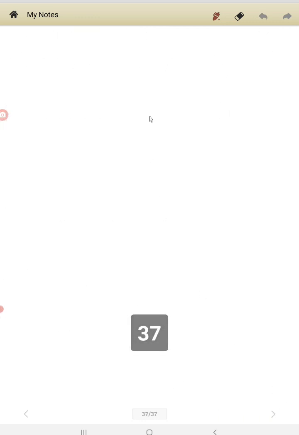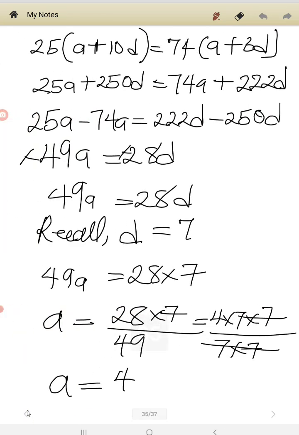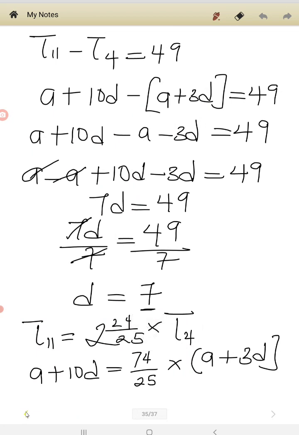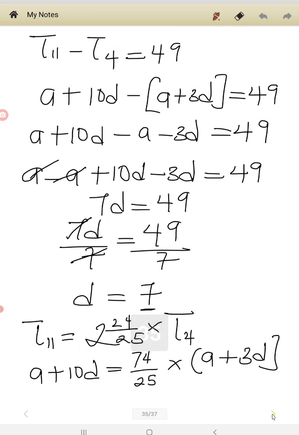So far so good. We are able to get the value of A to be 4 and D to be 7. You go back to the question. The question asked for the 61st term of the sequence.